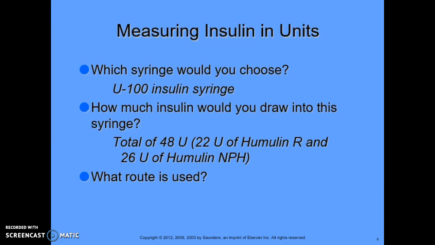And what route would be used for this scenario or example? If you said sub-Q or subcutaneous, you are correct because we already know that subcutaneous injections are the normal route for insulin injections. Now let's just look at a few little review areas.